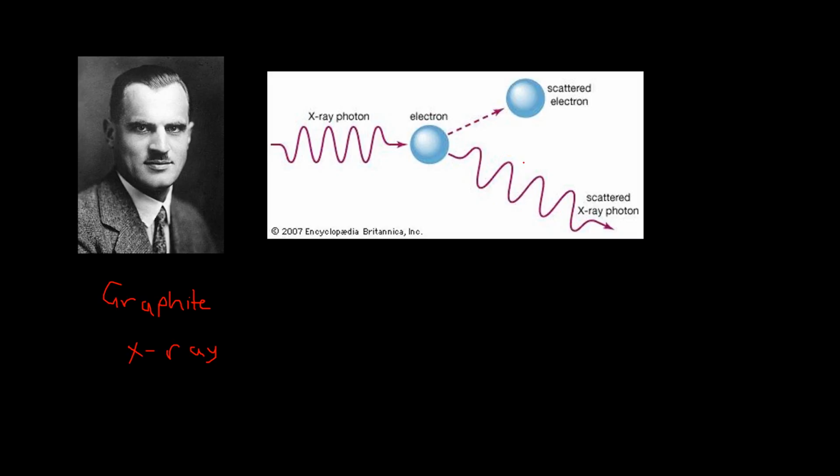This scattering of photons is referred to as the Compton Effect. The scattered photons had less frequency than they originally did before the collision. And because frequency is directly proportional to energy, they definitely had less energy than they originally did.